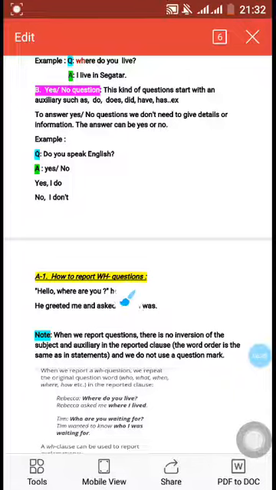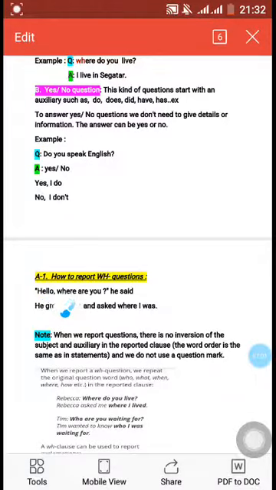Okay, he greeted me and asked where I was. This is how to report the previous sentence. So this is direct. Hello, where are you? He said. This is direct because it is between inverted commas.